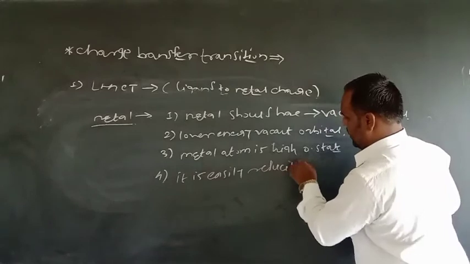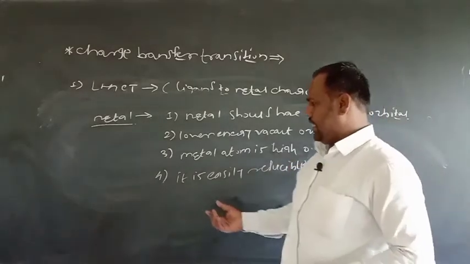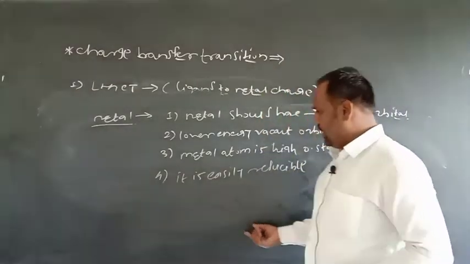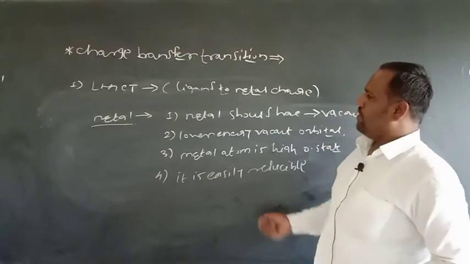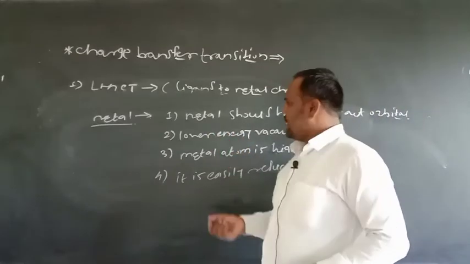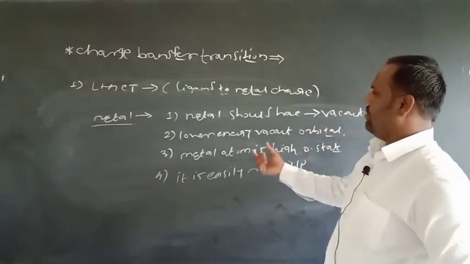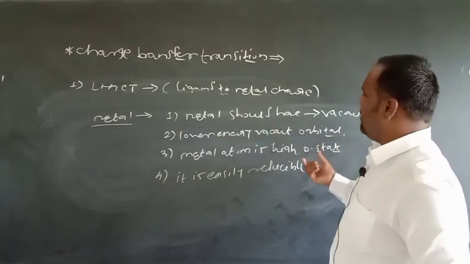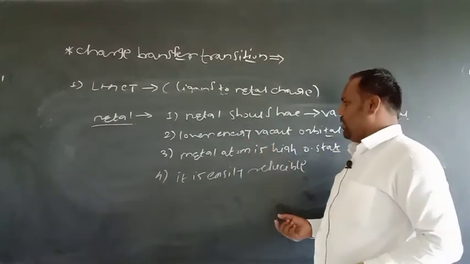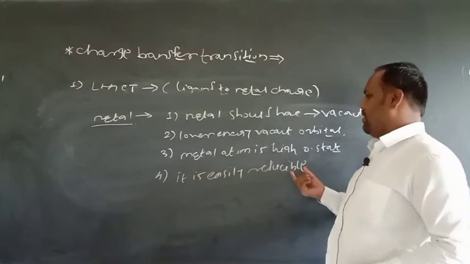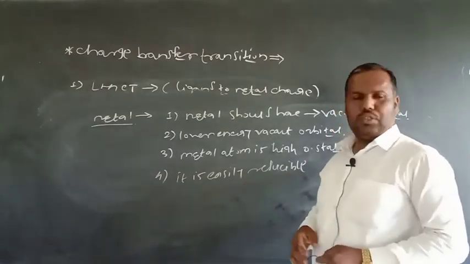It will take an electron and get reduced. So these are the important characteristics of the metal atom: a vacant, low energy orbital, a high oxidation state, and it is easily reducible.